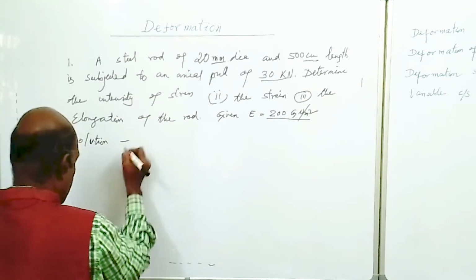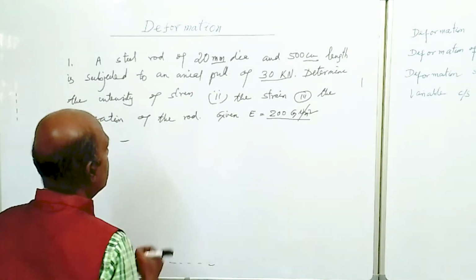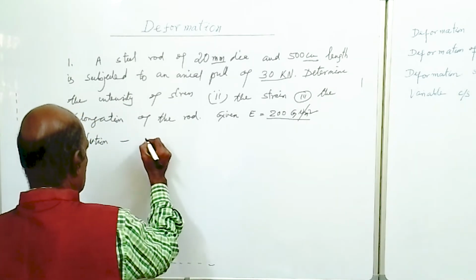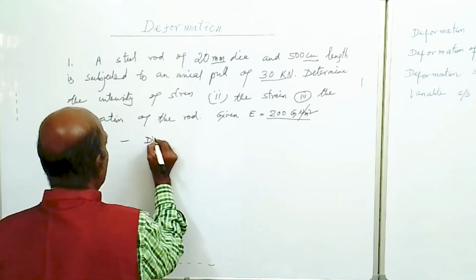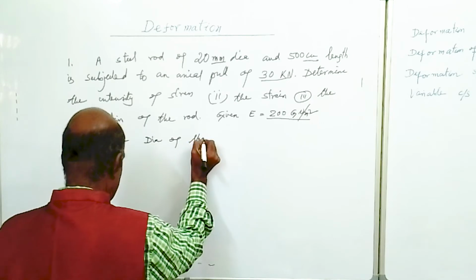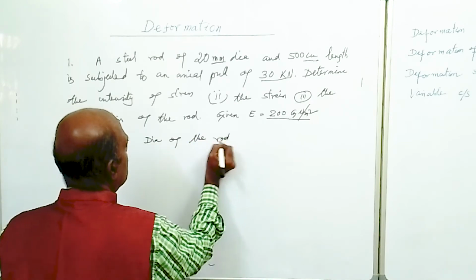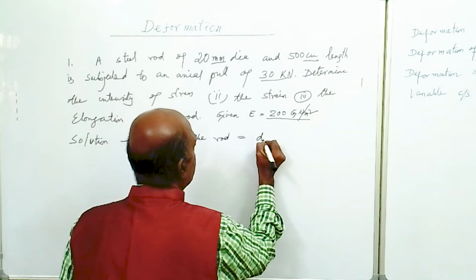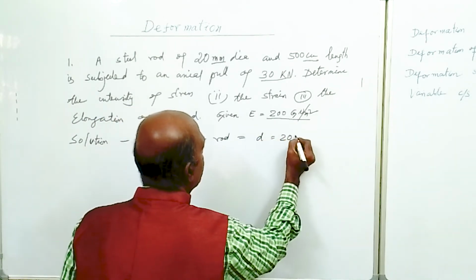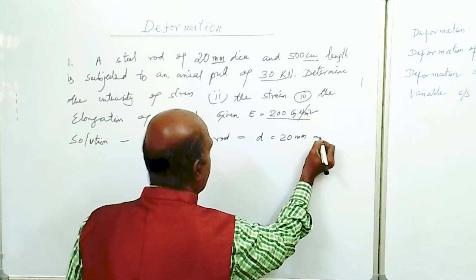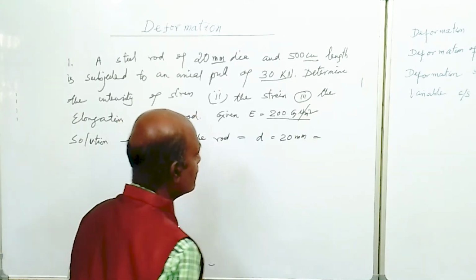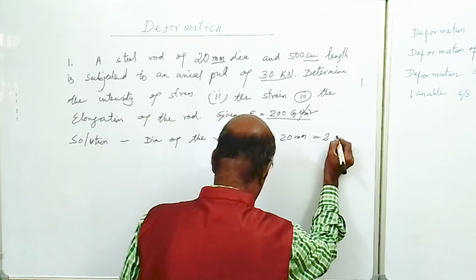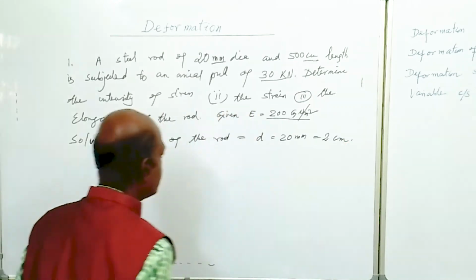First, we will write down the data. The diameter of the rod is given by small d is equal to 20 millimeter, which is equal to 2 centimeter.